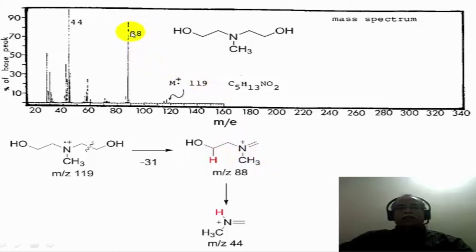That iminium cation has a molecular weight of 88, and the structure corresponding to the iminium cation is this particular iminium cation. It's quite possible that the iminium cation actually exists in a cyclic form because this is 1, 2, 3, 4, 5. It can form a 5-membered ring, for example, and as a result this could be a stable ion to give a fairly intense peak in terms of the relative abundance.